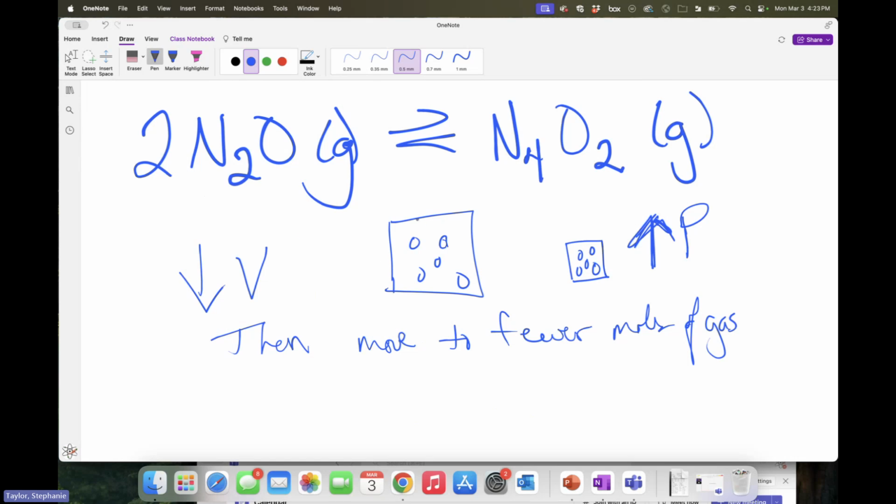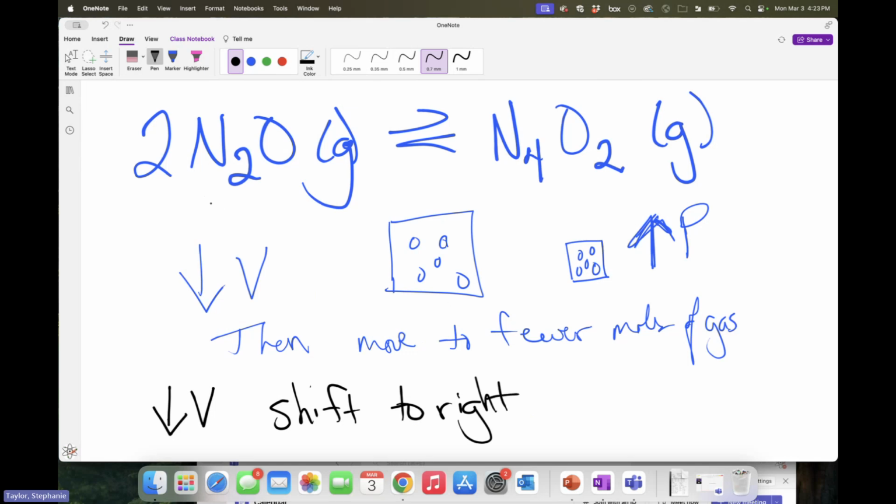So for this reaction that I have on the screen, if I'm going to decrease the volume, I would expect a shift to the right because I have 2 moles of gas on the left and 1 mole of gas on the right. So if I decrease the volume, which increases the pressure of my gases, that's going to be a shift to the right.